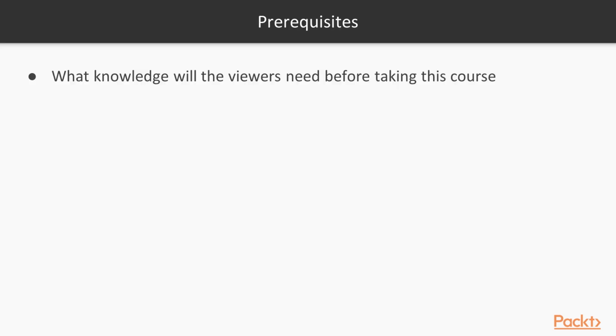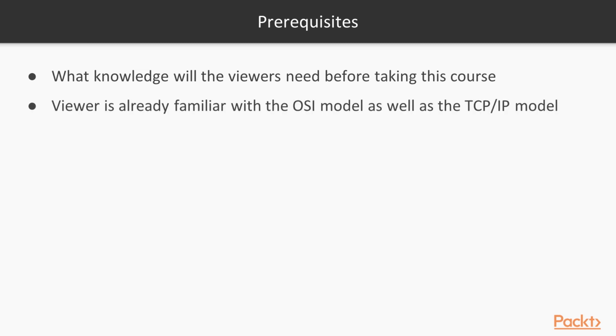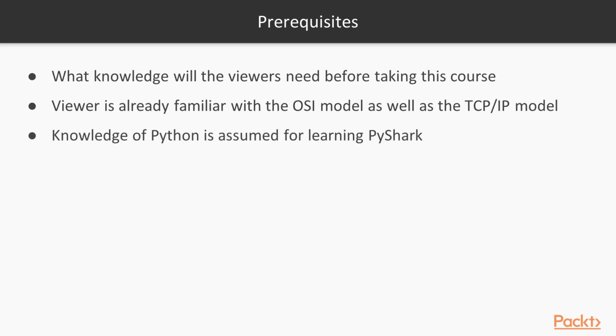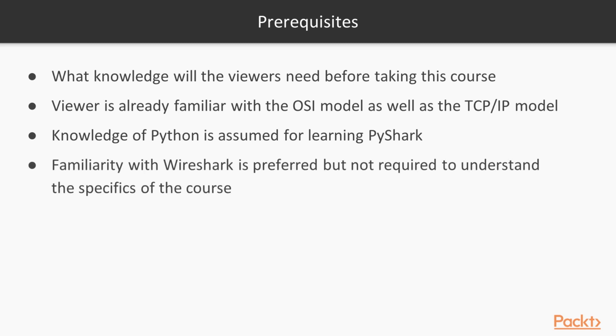So some prerequisites for this course. Viewers should have some kind of knowledge about the OSI model and TCP/IP in general. A little bit of knowledge of Python is assumed for learning PyShark. You don't need to know a whole lot, but you do need to be familiar with it and how to download it and install it. There should be some sort of familiarity with Wireshark.